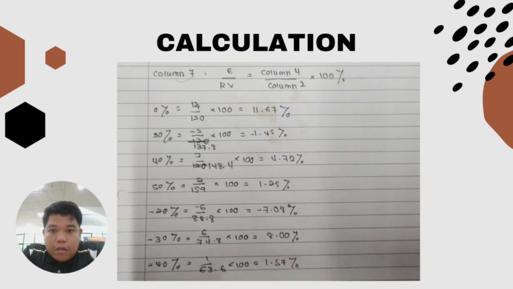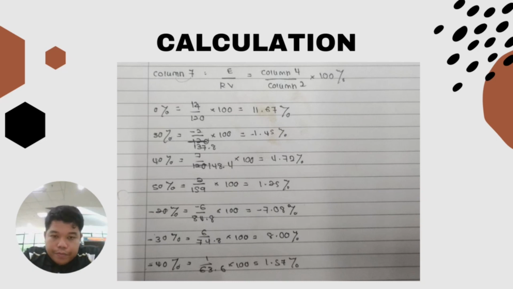We go on with the calculation for column 7, which is over RV, which is column 4 over column 2, plus it with the percentage. And we can see the percentages for 30%, 40%, 50%, negative 20%, negative 30%, negative 40%.